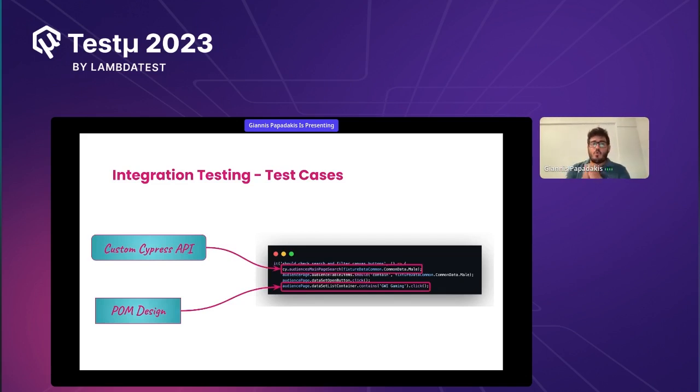You see we call the custom Cypress API within our test, or we call the page object, the selectors within the page object, the elements of the DOM, and we operate with these elements within our test. So we, let's say, wrap all the Cypress API within our tests to make the tests more maintainable.